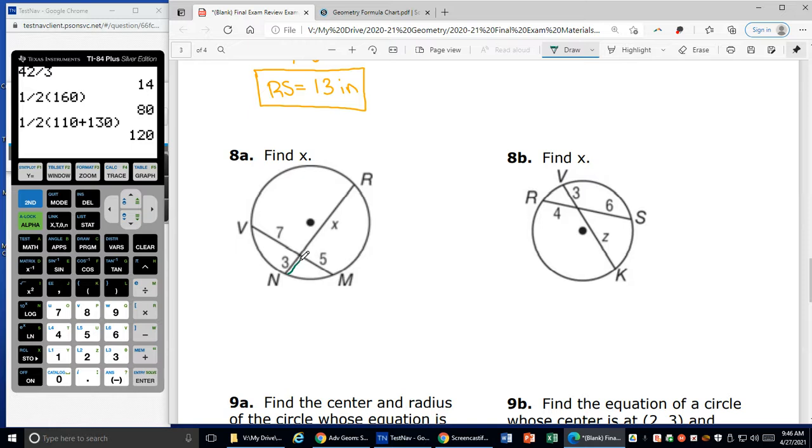So my 3 times my x is going to be equal to the 7 times the 5. So 3 times x is 3x. 7 times 5 is 35. To solve this, I'm going to divide both sides by 3.